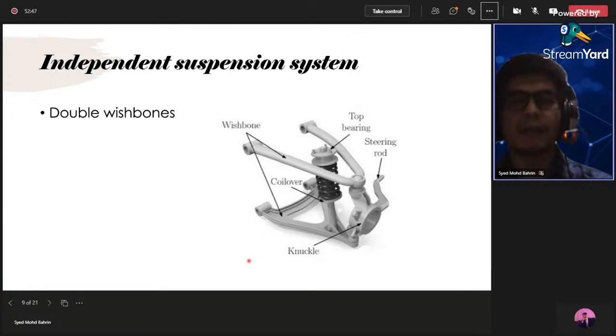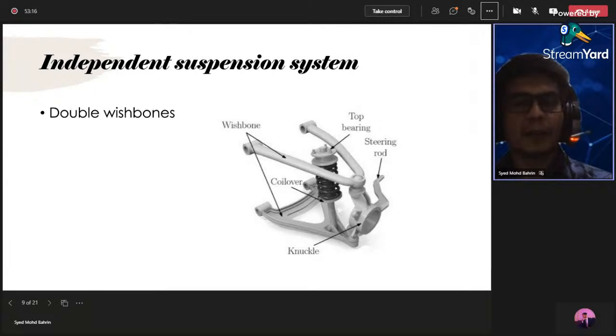The reason is that the design is quite complicated, hence it's a bit expensive. If cars are using this, they normally install it for the rear suspension. For the front, they use a different type of suspension, I think mainly because of the cost incurred by the complexity of the design.